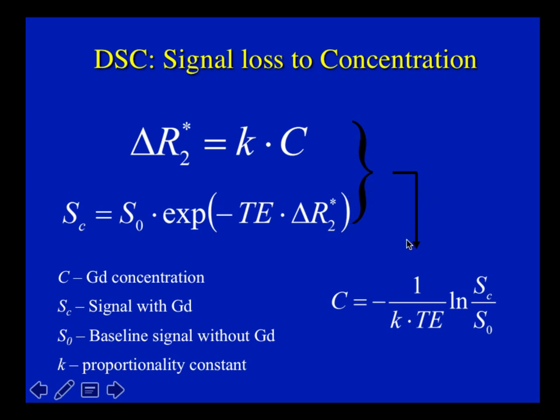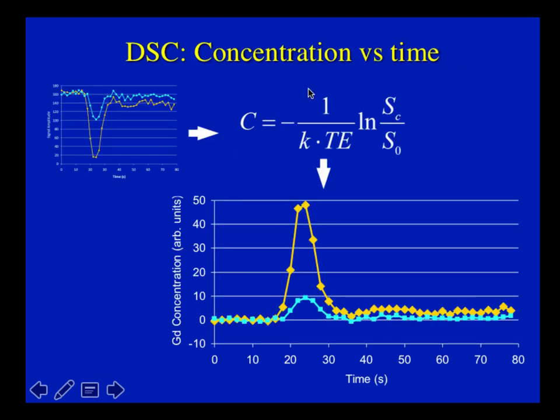Combining these two equations, we can find the concentration of gadolinium at any particular time as the negative logarithm of the ratio of the signal intensity in the presence of gadolinium over the baseline signal intensity. So now we have an equation where we can convert the signal losses into concentration estimates, and we can do that on a pixel by pixel basis for all the time points.